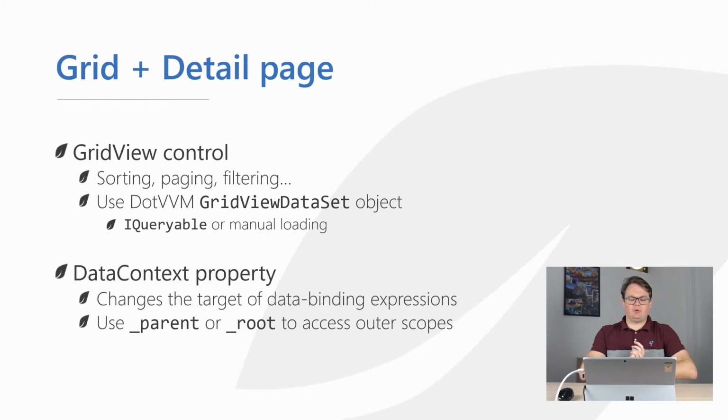Also, there is a very important feature in DotVVM which you can take advantage of, and it's the DataContext property. In the previous session, you have seen that you can use the value binding to read and write values from the ViewModel. So you can bind the text box Text property to some property in the ViewModel, and the data binding works in both ways.